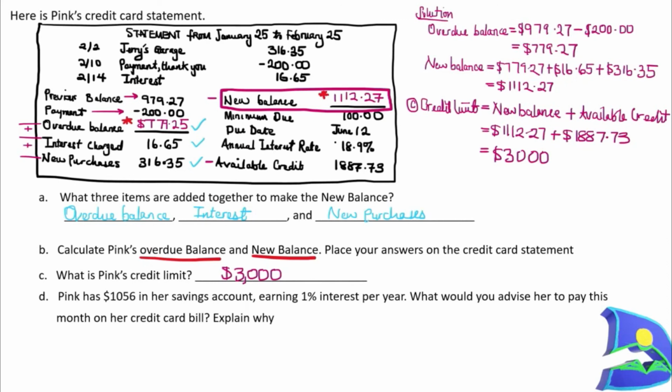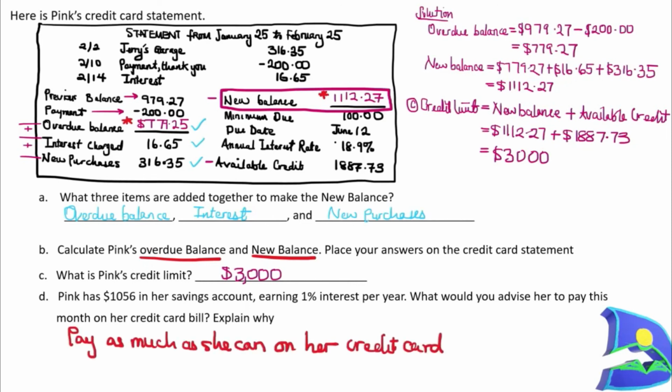Now the question here asks what you would advise her to spend the money on, her credit card bills, and explain why. So to me personally, I think honestly you have to pay the credit card as much as possible, and this will reduce the interest rate that may be introduced if you somehow forgot to pay before the due date.